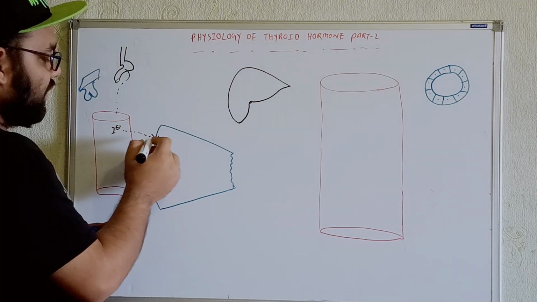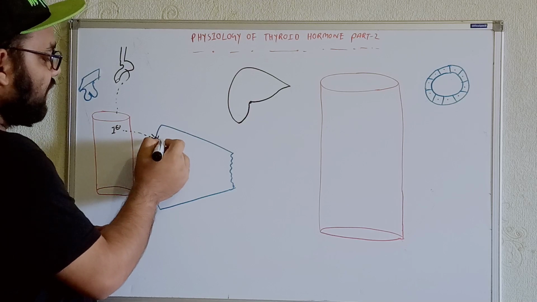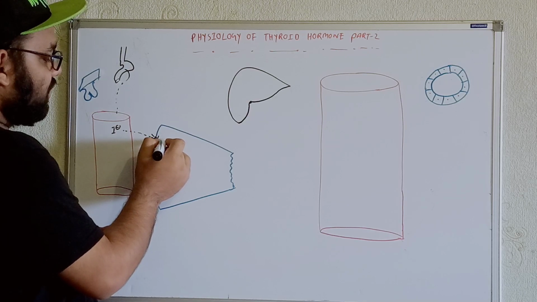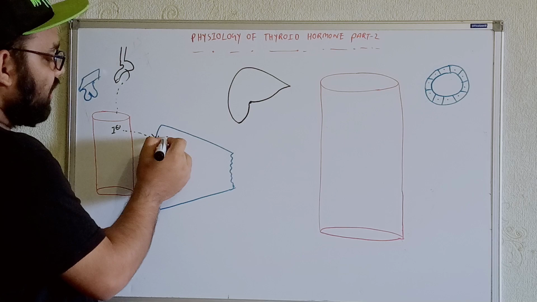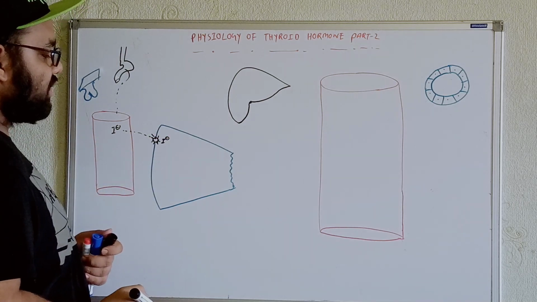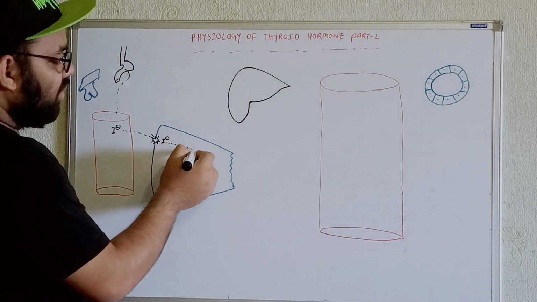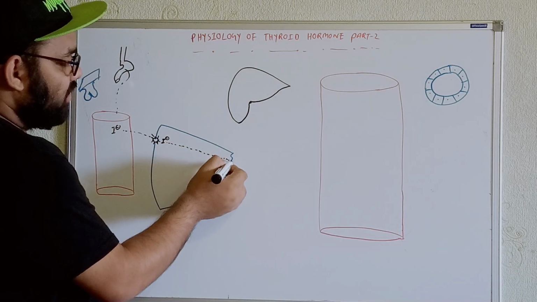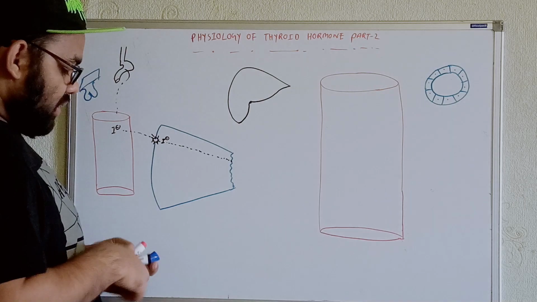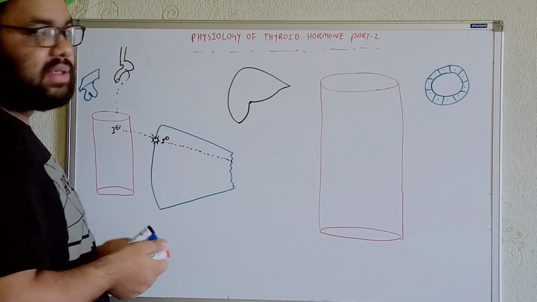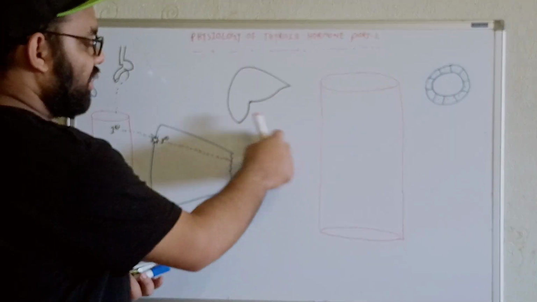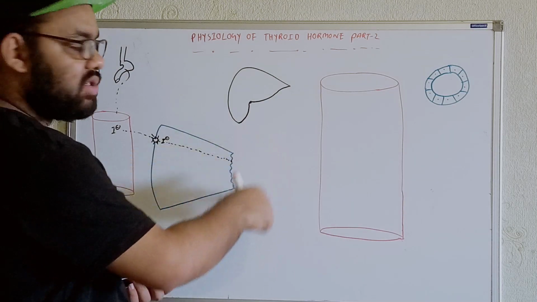So the iodide pump will be working over here, and the iodide will go into these cells. Now whenever it goes into the follicular cells, it reaches the apical surface, or we can say the luminal surface, because we will get a colloid or lumen site over here.